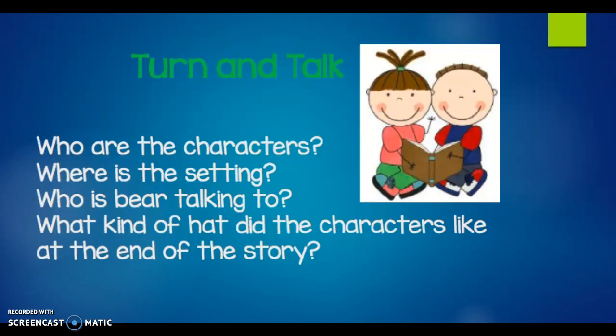What kind of hat did the characters like at the end of the story? Turn and tell your partner. Did you say a red winter cap? If you did, great job looking at the illustrations. Give your partner another high five.